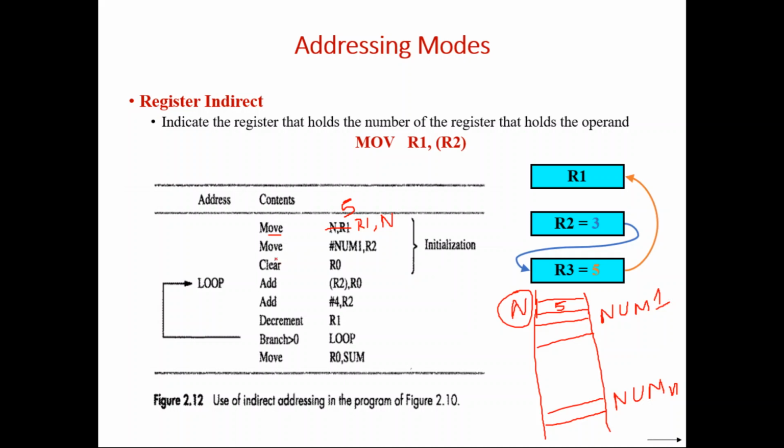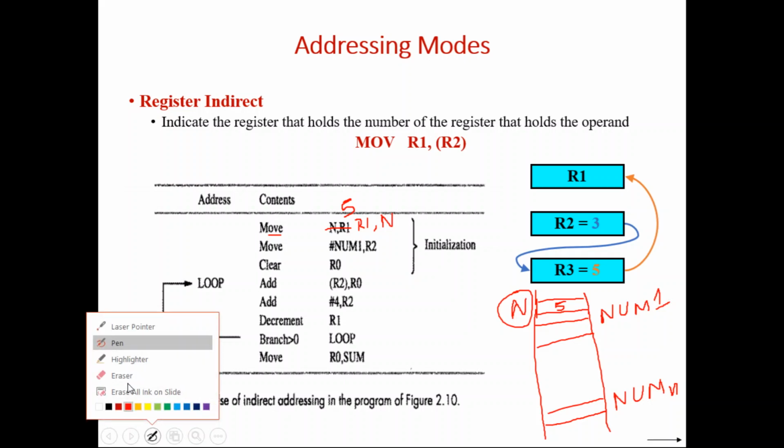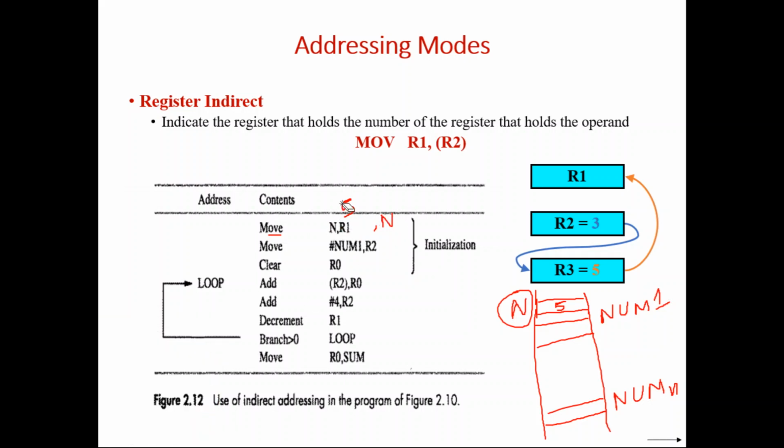Now, move hash num1 comma R2. Move n comma R1 means it moves the content of n to R1.